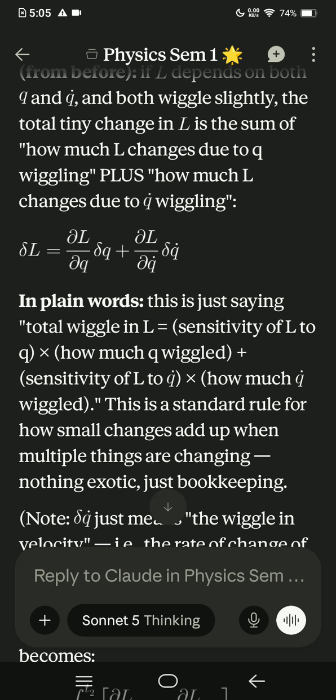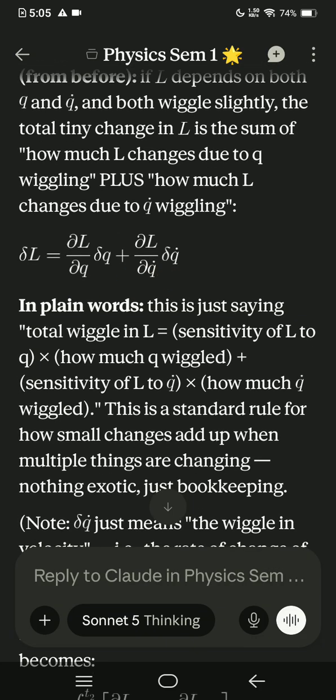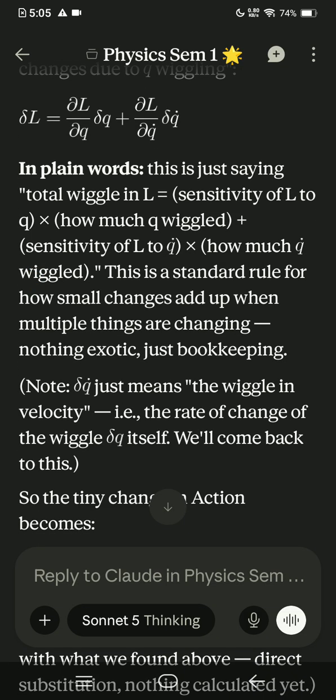How much L changes due to q wiggling, and how much L changes due to q dot wiggling. In plain words, this is just saying total wiggle in L equals sensitivity of L to q times how much q wiggled, plus sensitivity of L to q dot times how much q dot wiggled. I don't know which math was used, but at least the equation makes sense. This is a standard rule for how small changes add up when multiple things are changing.